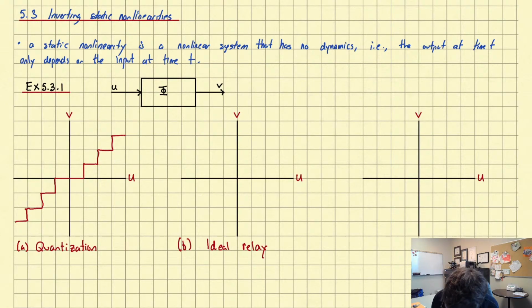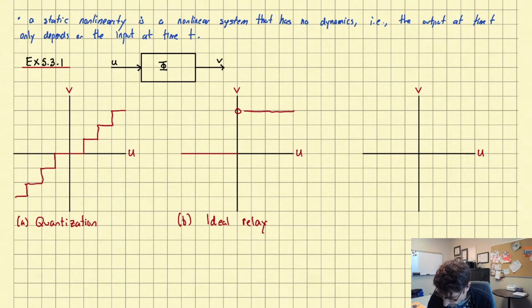So the picture would be the following, something like that. So it's an ideal relay. So when u is small or less than 0, the output is 0. As soon as the input becomes positive, it turns on. It's like a logic element, right?